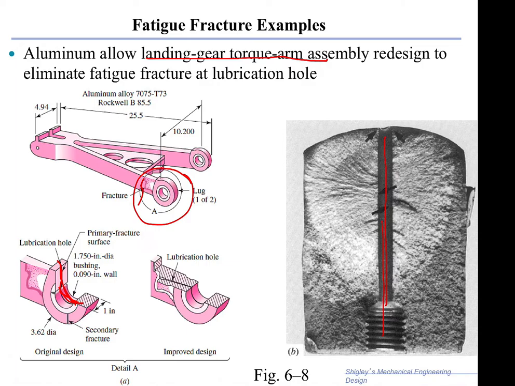However, the fracture has gone clear across, so you get a fracture going across here. So it seems that with some modifications of the design, you could put the hole not at the thin section, but maybe at a wider section of the assembly, so you can avoid some elements of stress concentration.